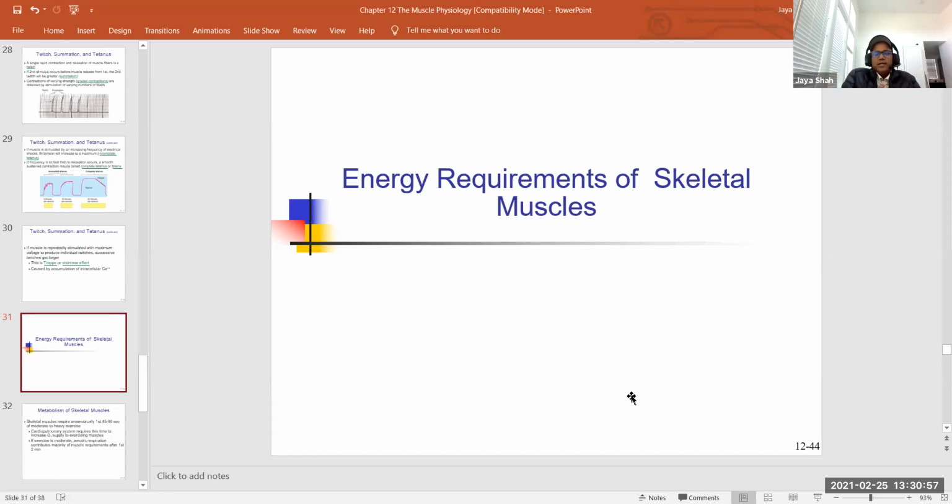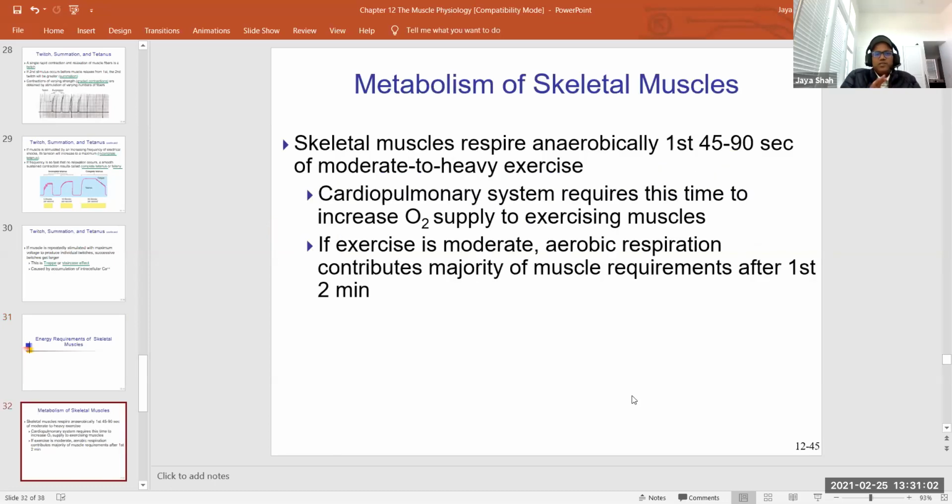Okay. So let's talk a little bit about the energy requirement of a skeletal muscle. Metabolism of skeletal muscle. Skeletal muscle respires anaerobically for the first 45 to 90 seconds of moderate to heavy exercise.